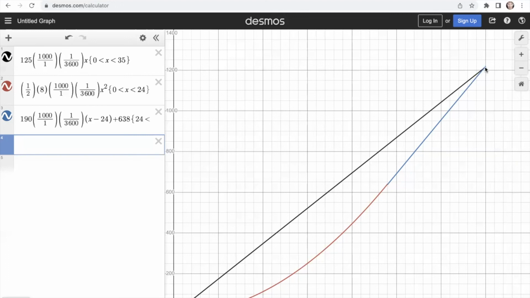And then they both meet up here at that 35-second mark at this position that's just a little bit above 1,200 meters, right? Just above the 1.2 kilometer mark. This is in meters, and these are in seconds. If we scale this a little differently, we could do it in kilometers and hours. So that would work just as well. All right. I hope that's a detailed explanation.